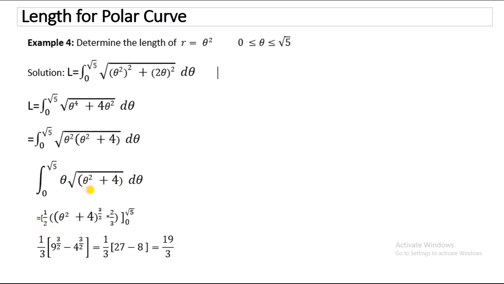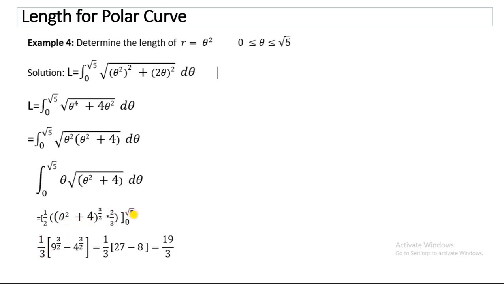Integration of theta square plus 4 to power half gives theta square plus 4 to power 3/2, multiplied by 2/3, from 0 until square root of 5. The result: 2 over 3 times 1 over 2 is 1/3.